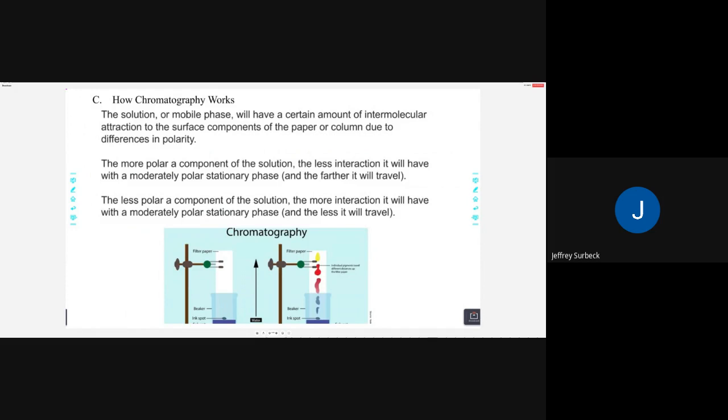So you put it in the solvent, and you have to identify what the solvent is. If we're using water, water is really, really polar. So if these things get sucked up via water, that means that part of the solution was very, very polar, okay? We can use other things that are non-polar, like hexane.